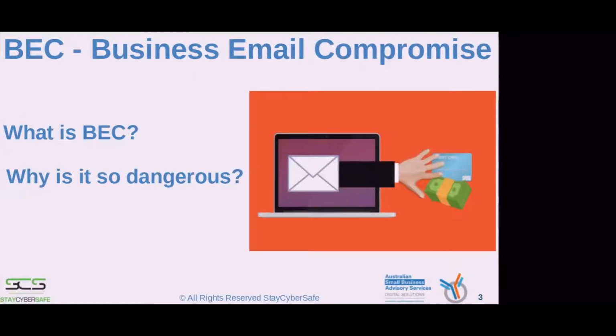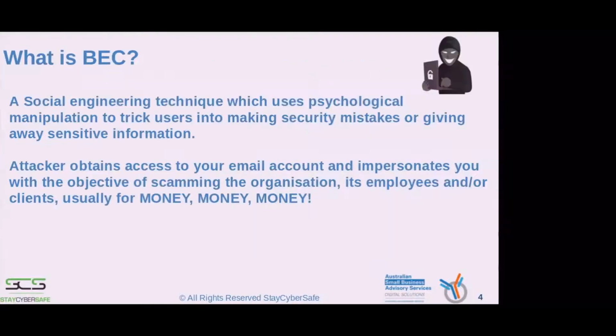So what is BEC? Business email compromise. Why is it so dangerous? During our previous sessions, there was a session where we spoke about social engineering. And social engineering is a technique which is usually used when it comes to business email compromise. Social engineering is when a scammer will use psychological manipulation to trick naive users into making mistakes and giving away very sensitive information such as your banking details, your username or password.